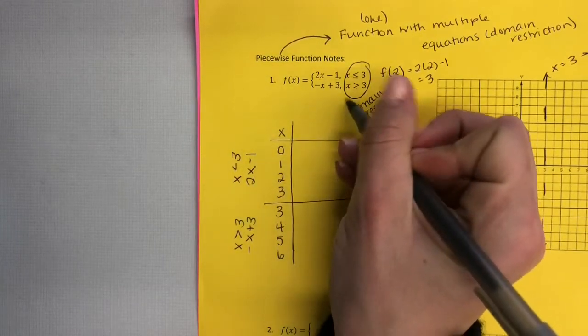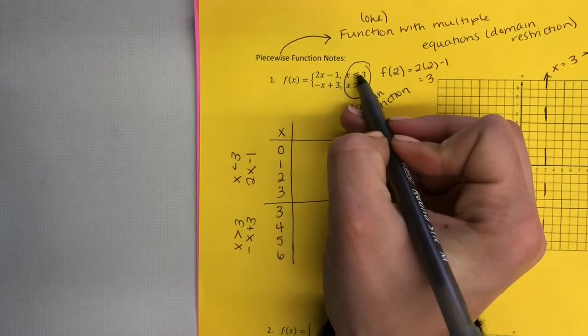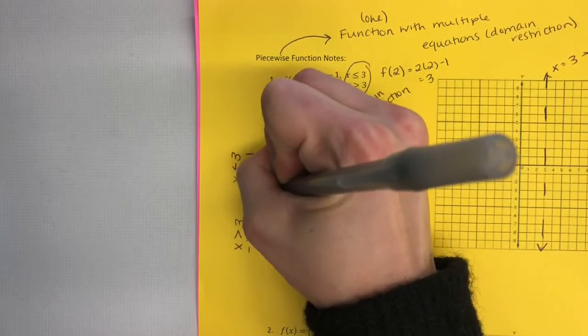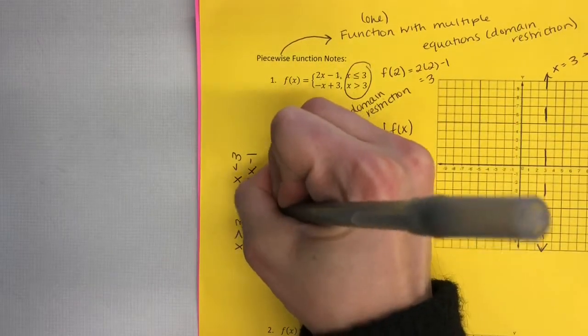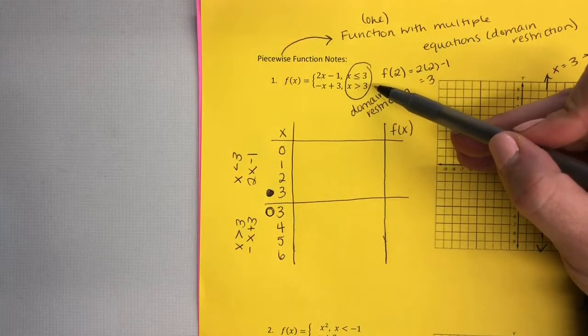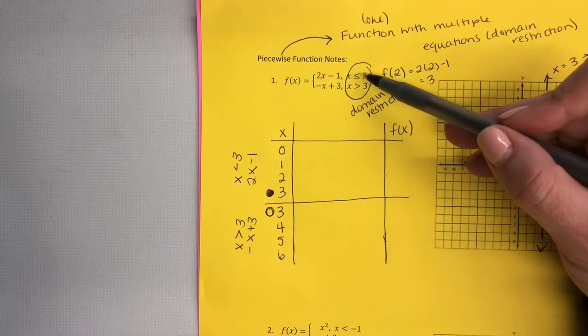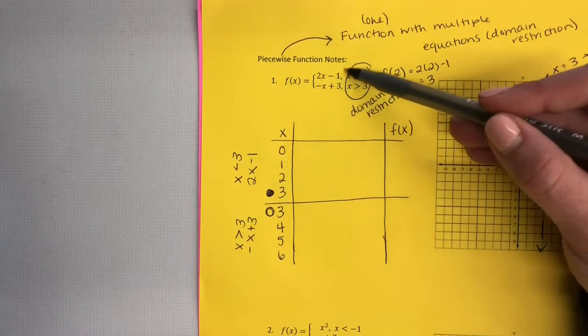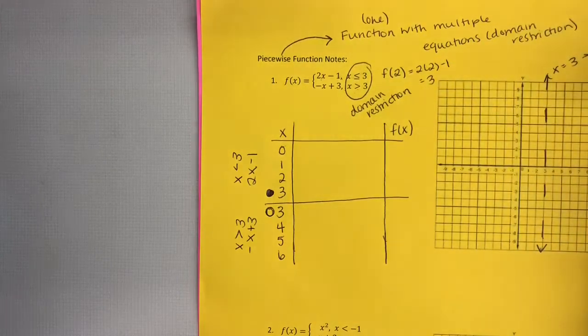When I use this one, 2x minus 1, it's less than or equal to. So this 3 is going to be my closed circle, whereas this 3 is going to be my open circle, because it's just greater than, not equal to. So if I were using 3, I would use this first equation, not the second one, because that's the one that's actually included in the solution.